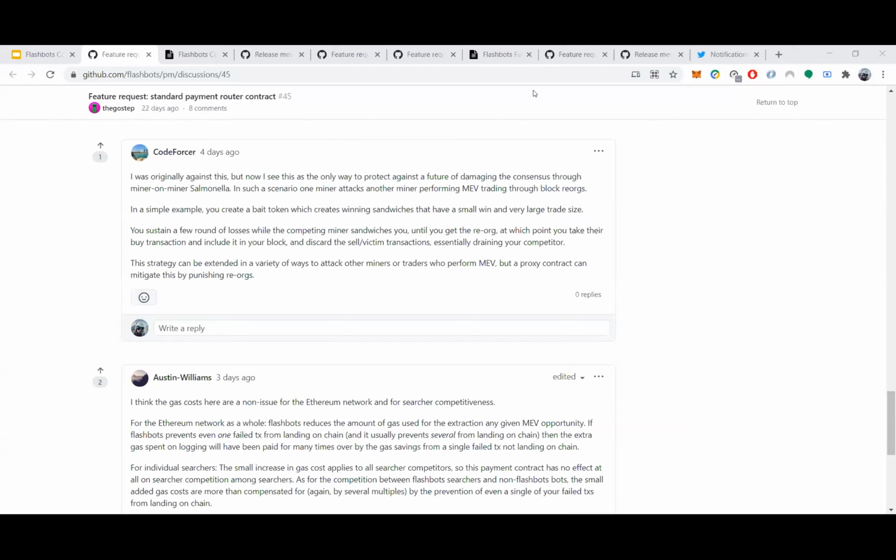So that's called a time bandit attack, and it has some serious negative externalities on the network because it breaks finality. Essentially, it creates what's called consensus instability, where it's more difficult to know if your transaction has successfully been included in the chain, because a chain tip always gets reorged.